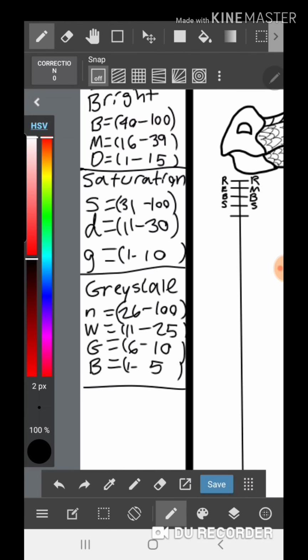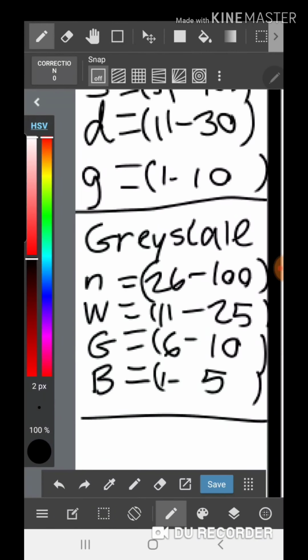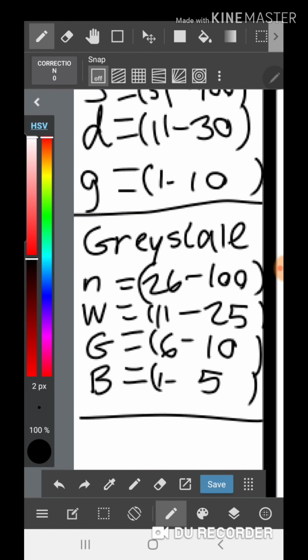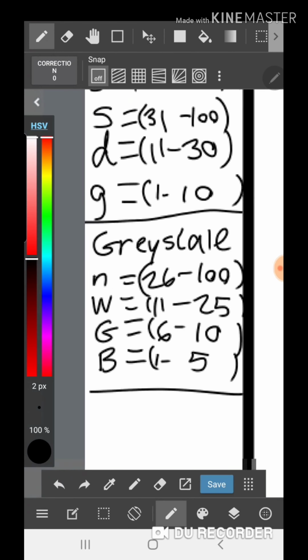And grayscale. Now this you would think would be like saturation, but it is not. So grayscale will affect whether or not it will be a gray, black, or white dragon in the grayscale level. There will usually be no tint unless it is mixed with the submissive N gene.